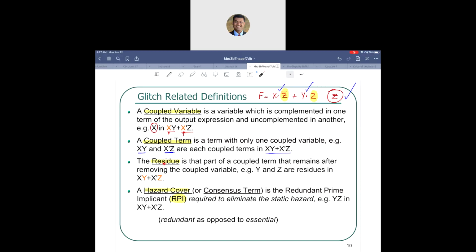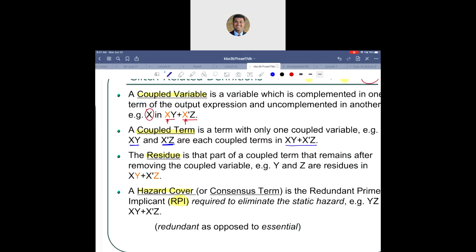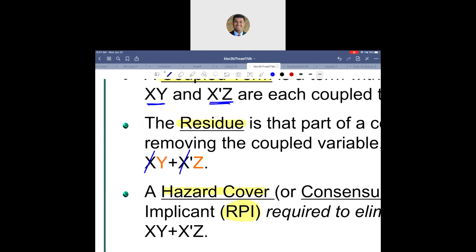Residue, whatever is left over, right? So if you remove the coupled variable, you are left with the residue, y, z.